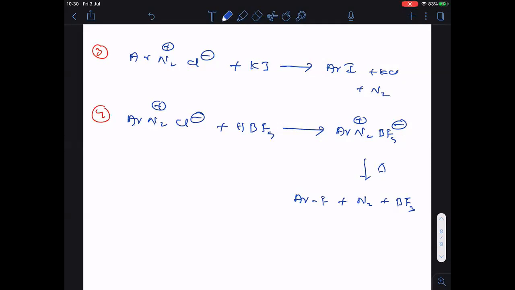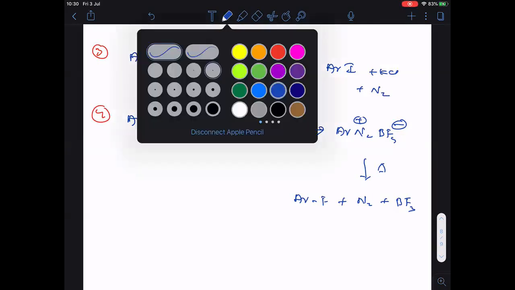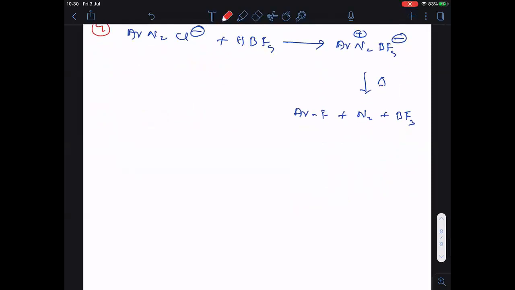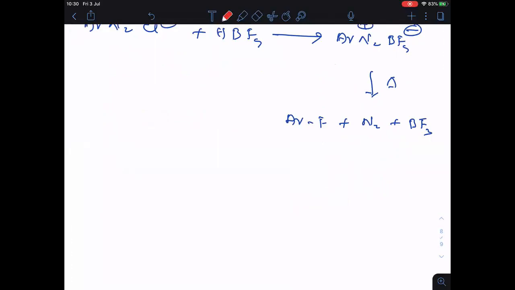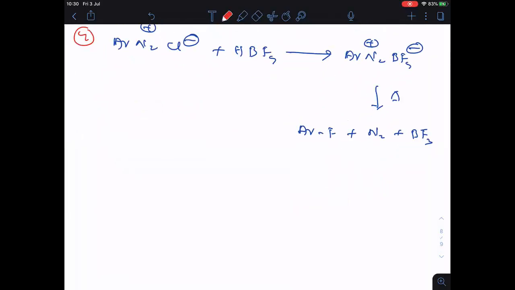Please write quickly. Now, the next chemical property, that is the fifth one.